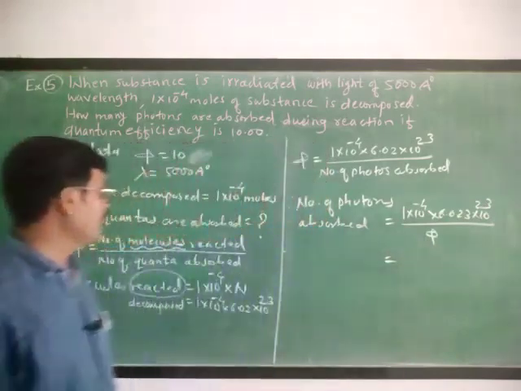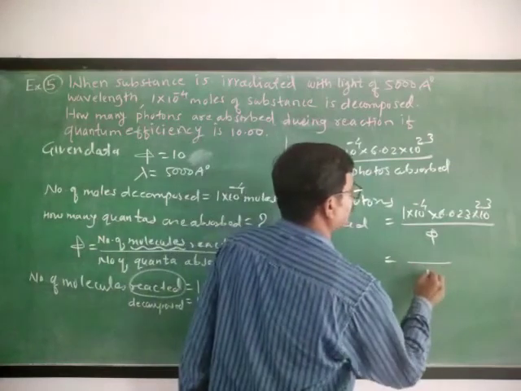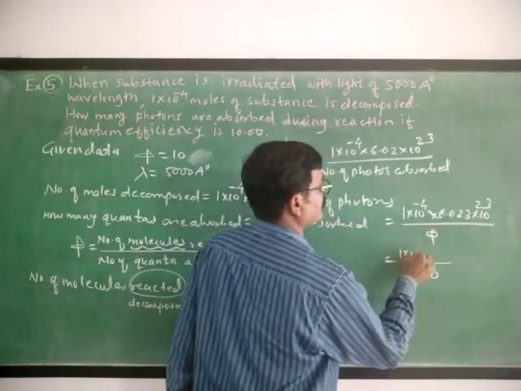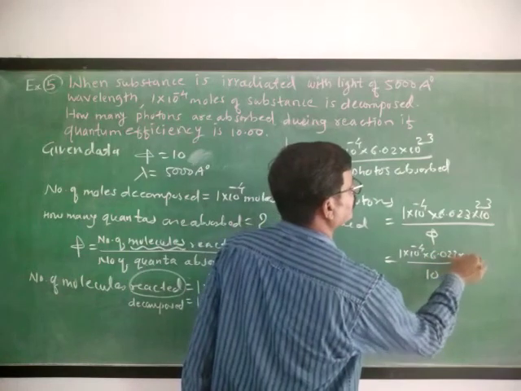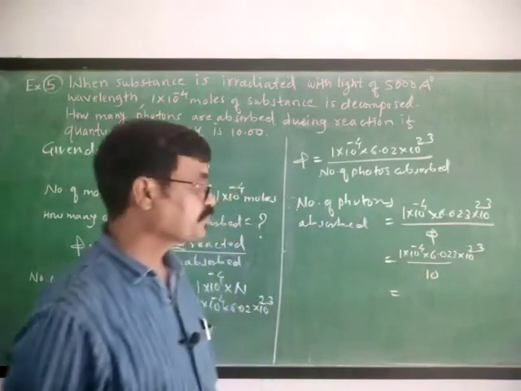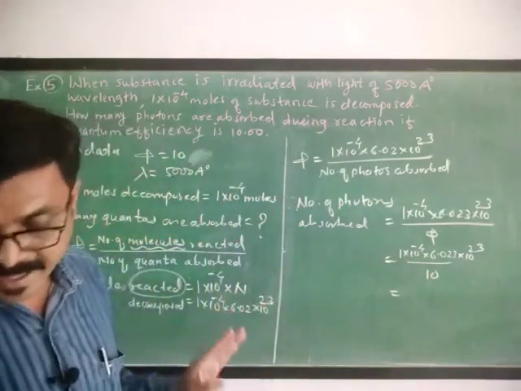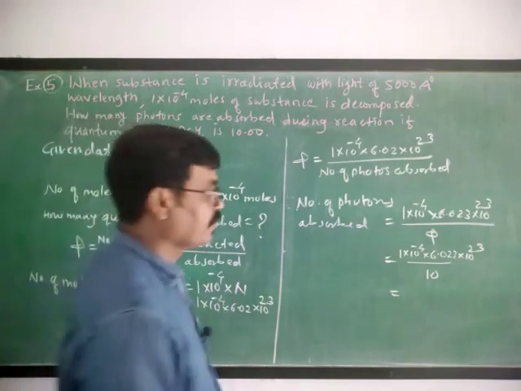Again, what is given? Phi is also given. That's why divided by 10. 1 into 10 raised to power minus 4 into 6.023 into 10 raised to power 23. In the numerator, 23 minus 4 comes out to be 19.